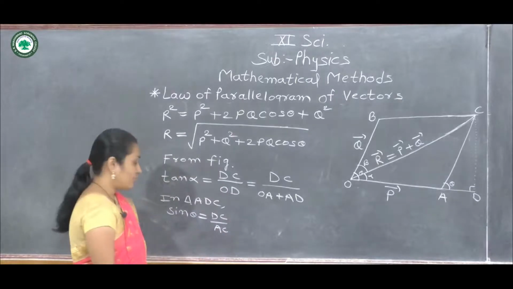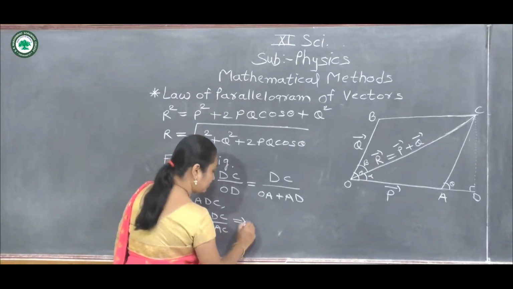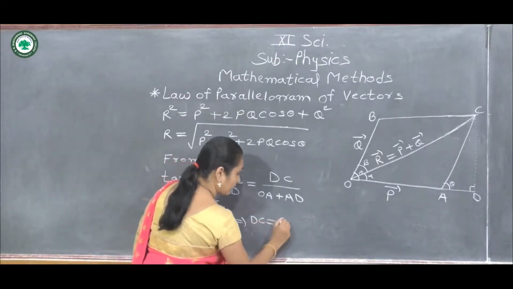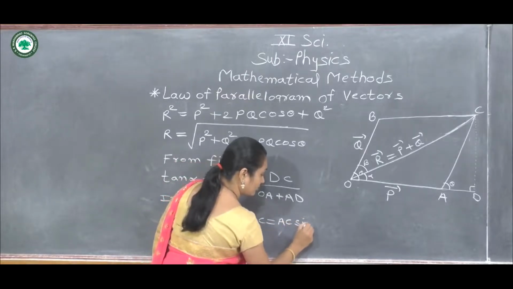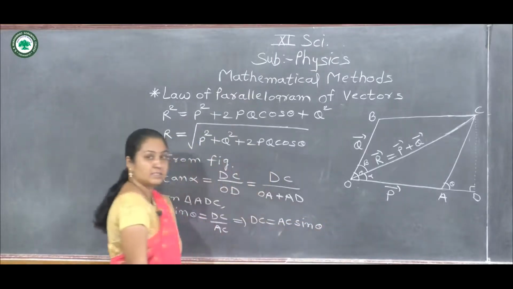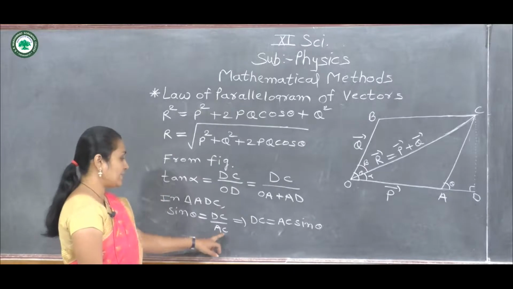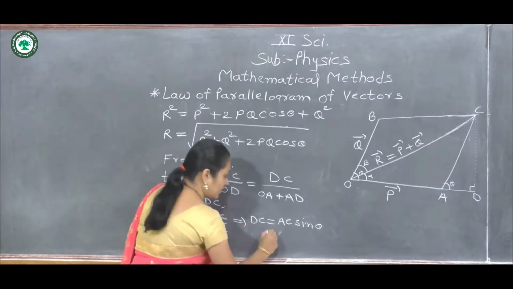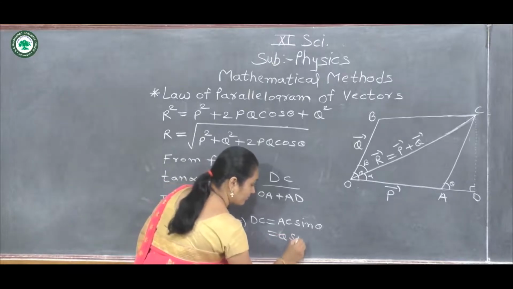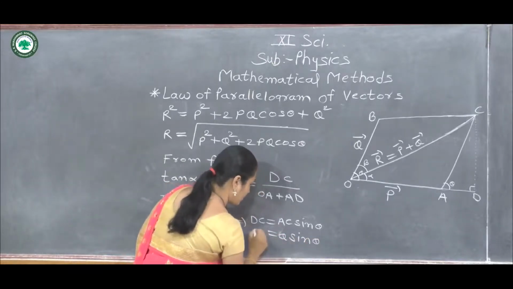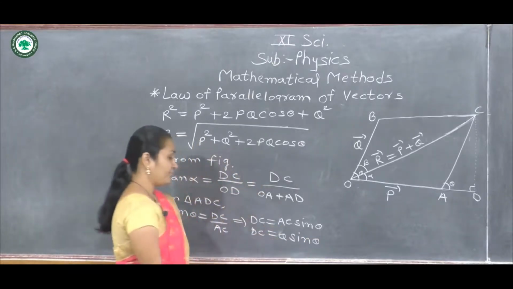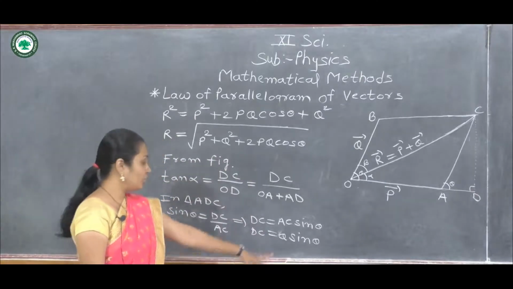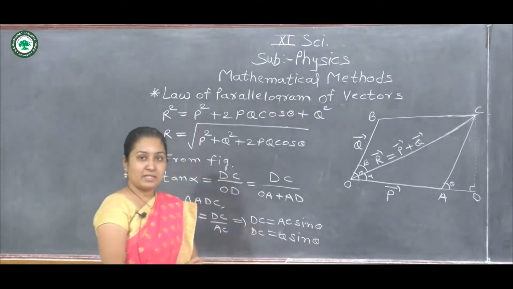So DC is equal to AC sin theta. AC is Q bar, so DC is equal to Q sin theta.